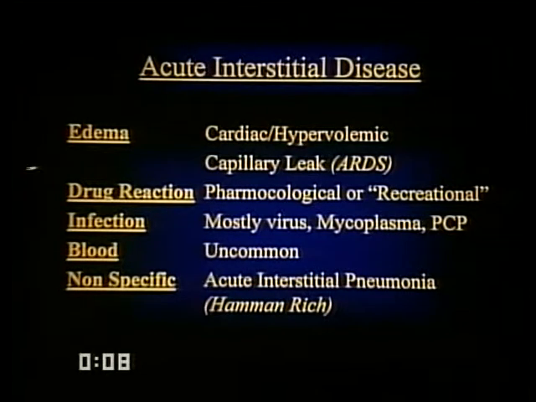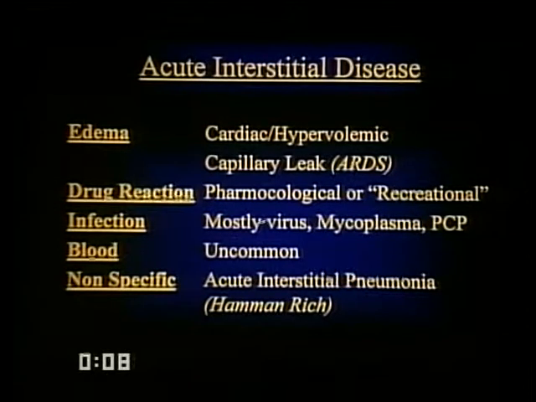One has to think about either edema of cardiac or hypervolemic origin, or a leak. That is, the capillary endothelium is leaking into the interstitium and simulates, unless one looks very closely, cardiac edema. It can be due to a drug reaction, infections.